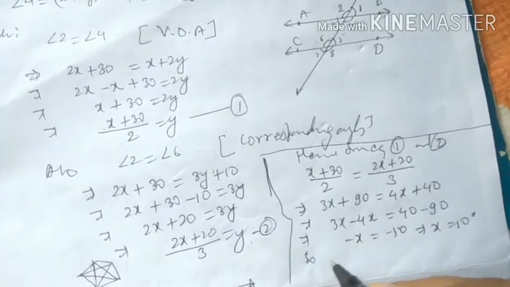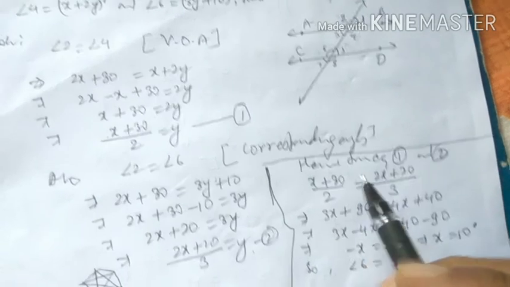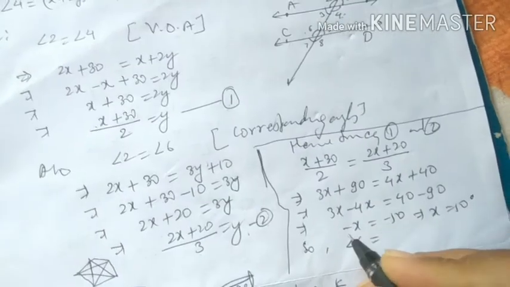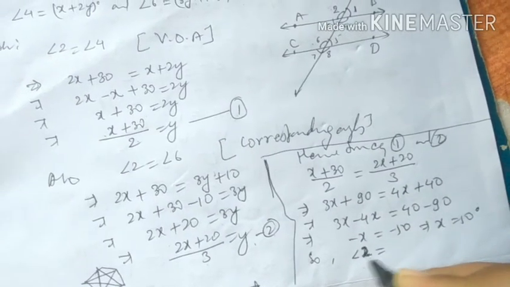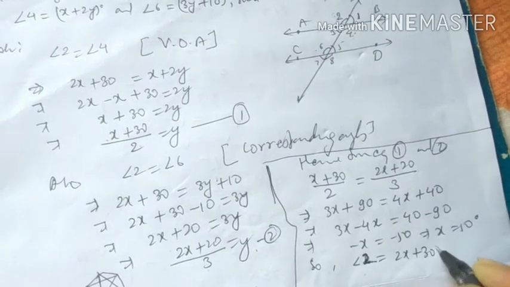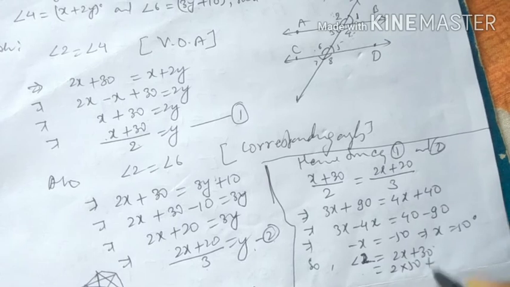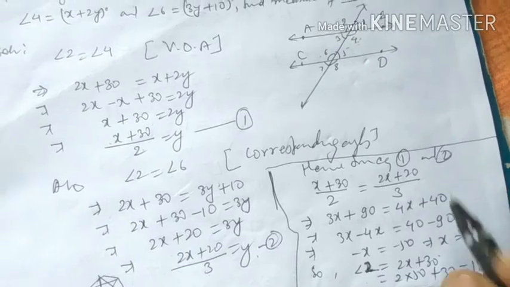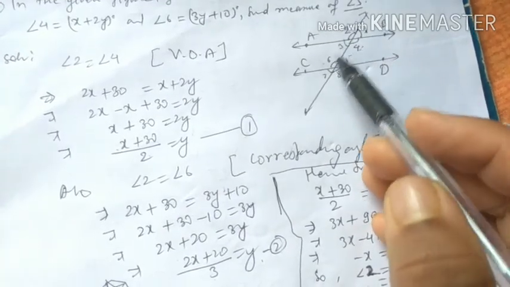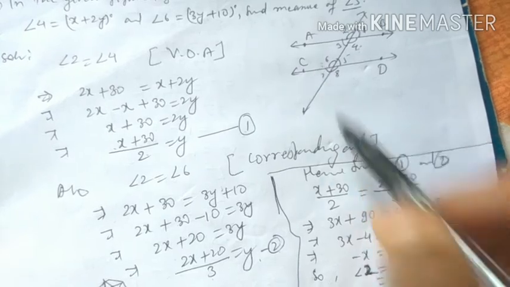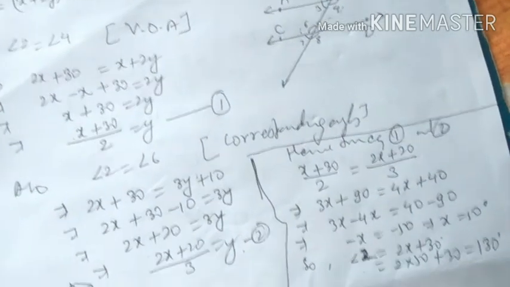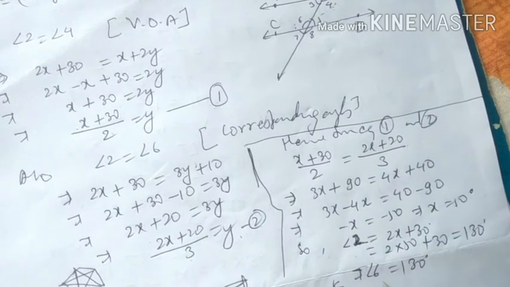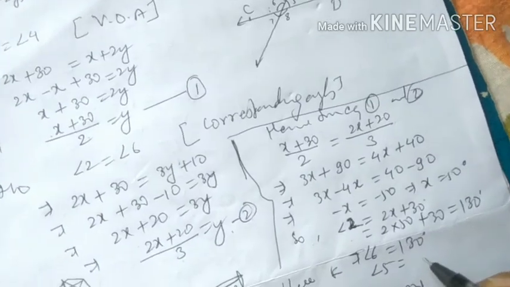So the value of angle 2 is 2x plus 30 degrees, that is 2 multiplied by 50 plus 30, that is 100 plus 30, 130 degrees. Now 2 is the same as 6, so angle 6 must be equal to 130 degrees.